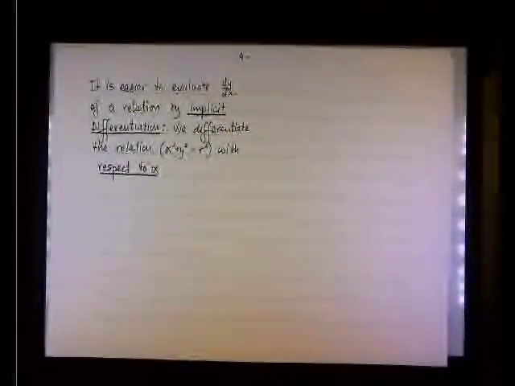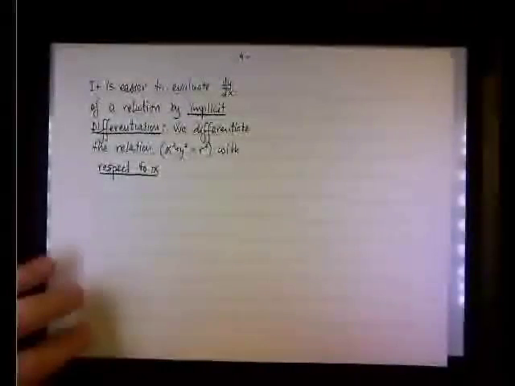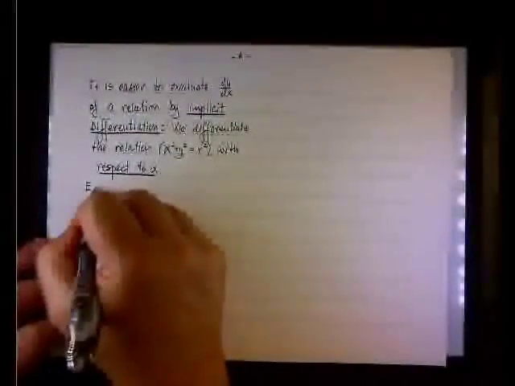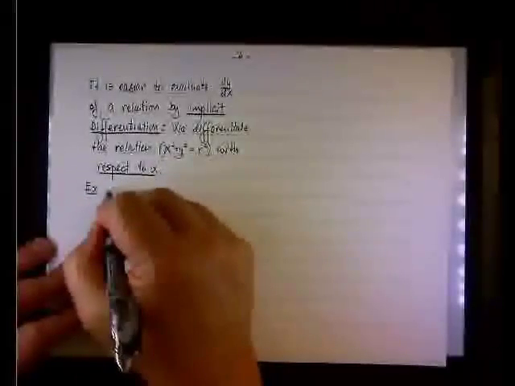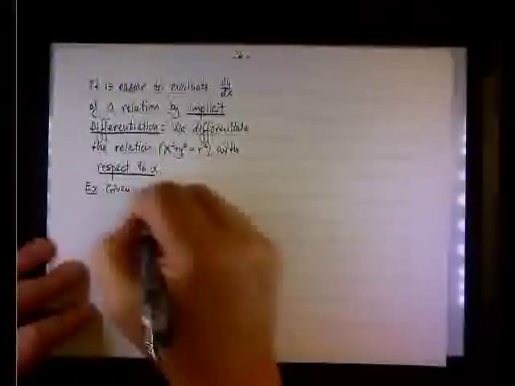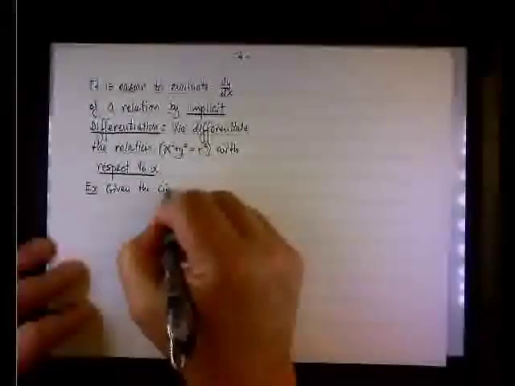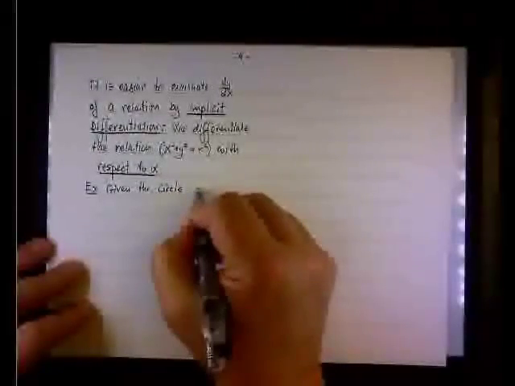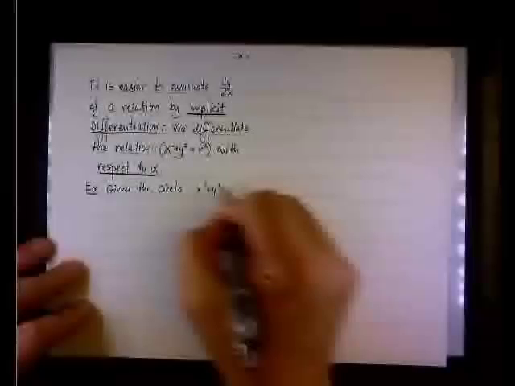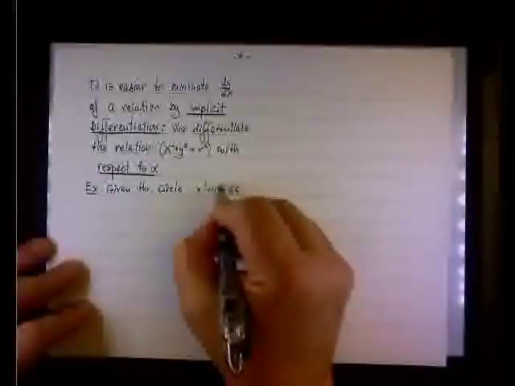All right, let's do an example here, okay? So let's see how it works out. Here's an example given the circle x squared plus y squared equals 64, right?